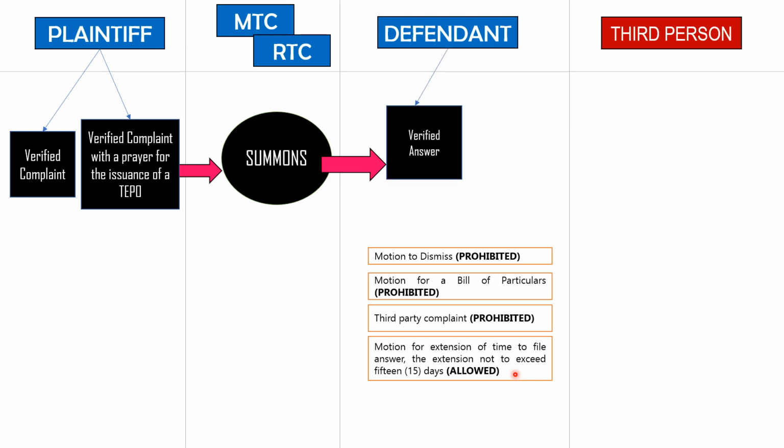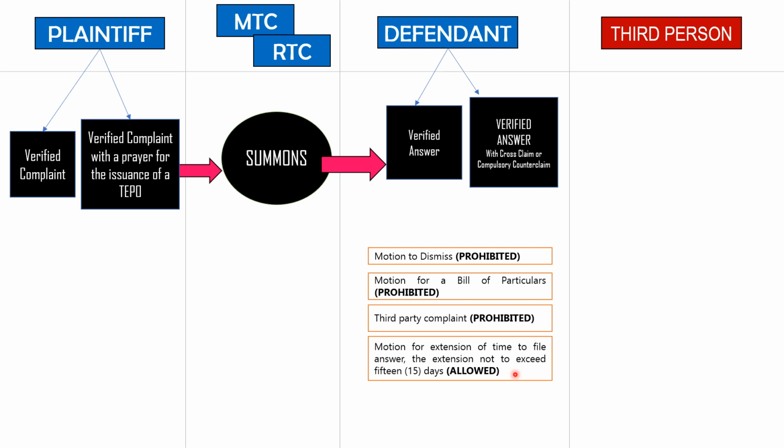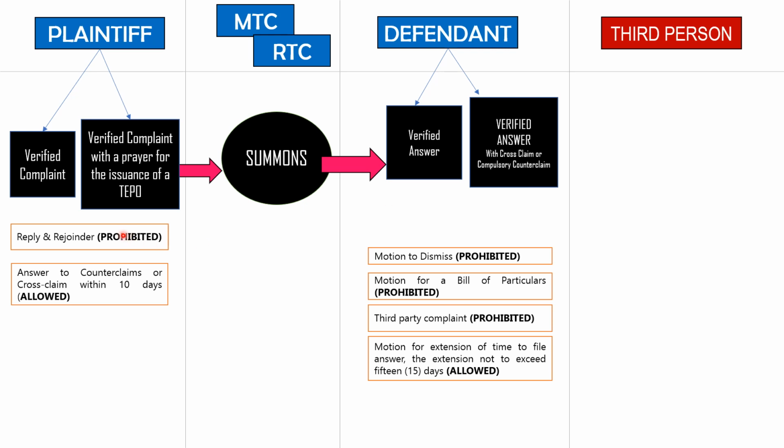Then he should file his verified answer or verified answer with compulsory counterclaim. Take note ha, compulsory lamang ang pwede, hindi ang permissive. Or he can file a verified answer with cross-claim. And in that case, si plaintiff wala siyang gagawin because plaintiff is not allowed to file a reply, and rejoinder is also included. But if there is a verified answer with cross-claim or compulsory counterclaim, then plaintiff is allowed to answer, and the period is 10 days.